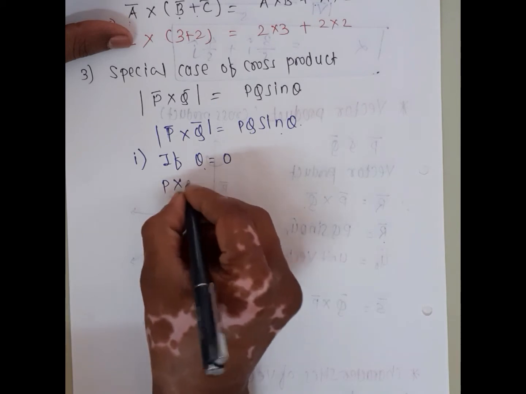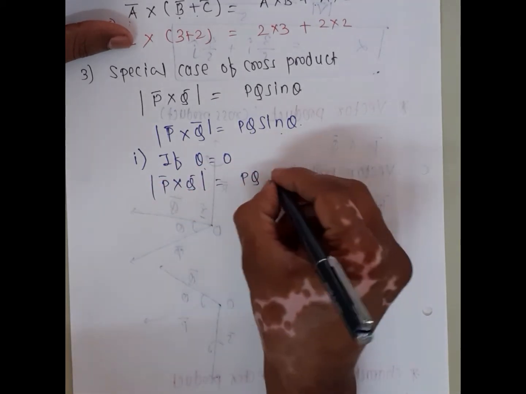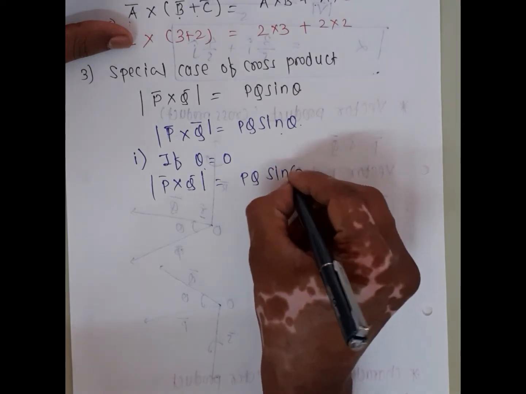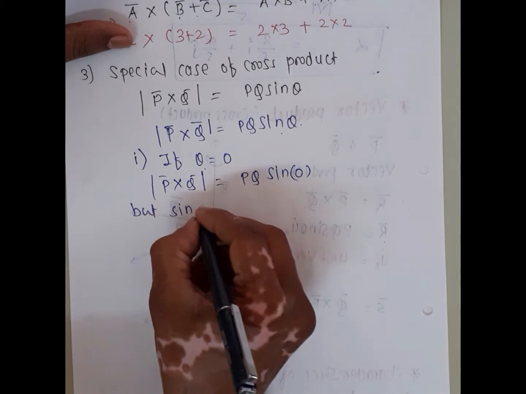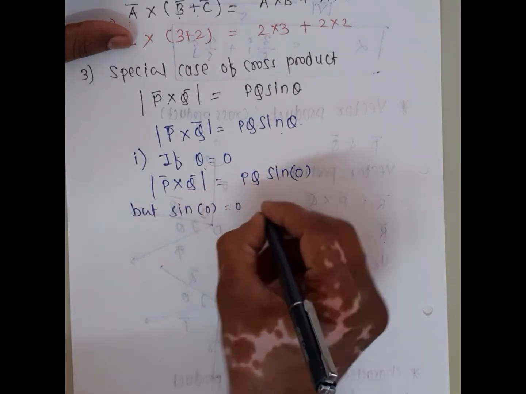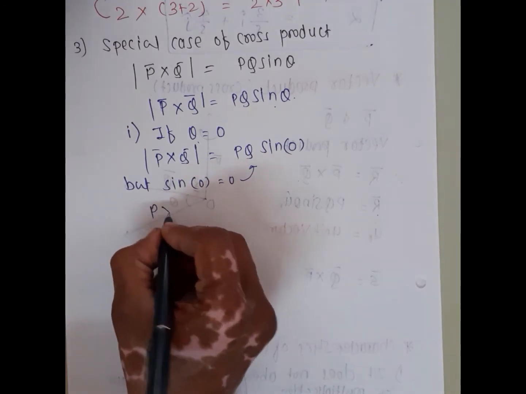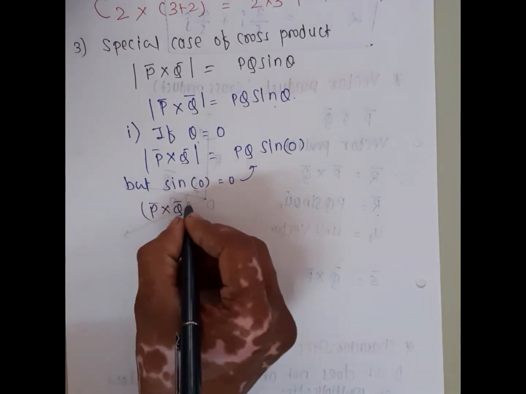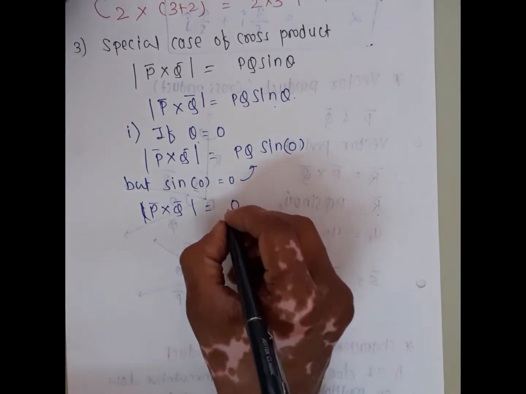The magnitude of p bar cross q bar is PQ sin 0, and sin 0 is equal to 0. So we put this value here and we get p bar cross q bar is equal to 0.